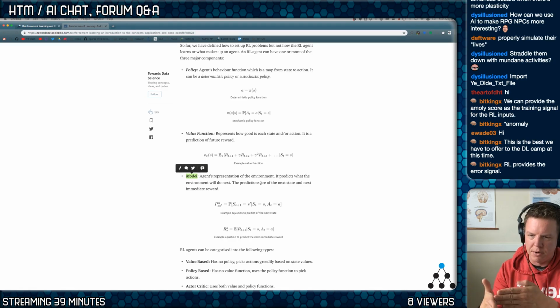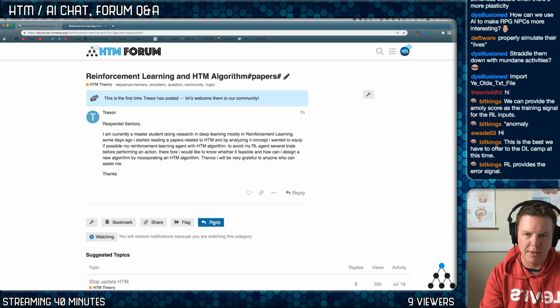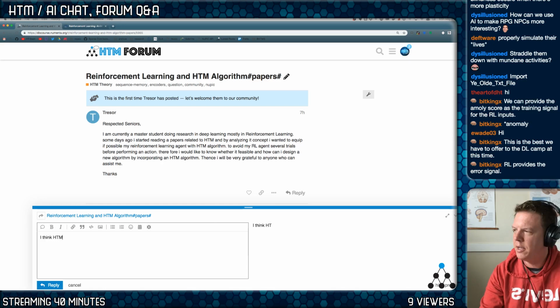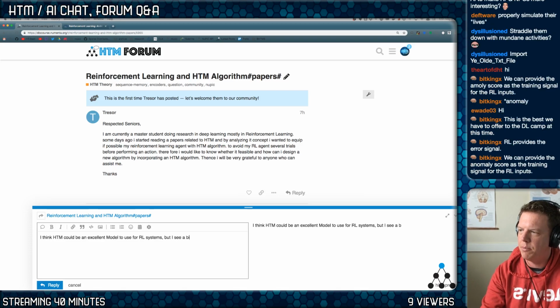But you need a model that can change at every time step. I don't know if reinforcement learning systems will allow that. I think HTM could be an excellent model, a capital M model, to use for RL systems. But I see a big problem.